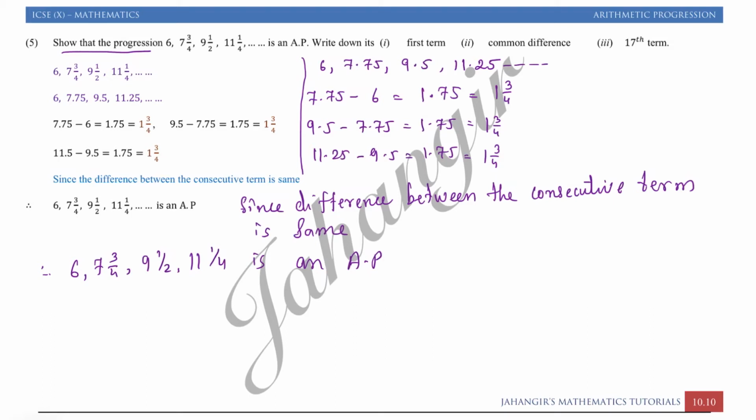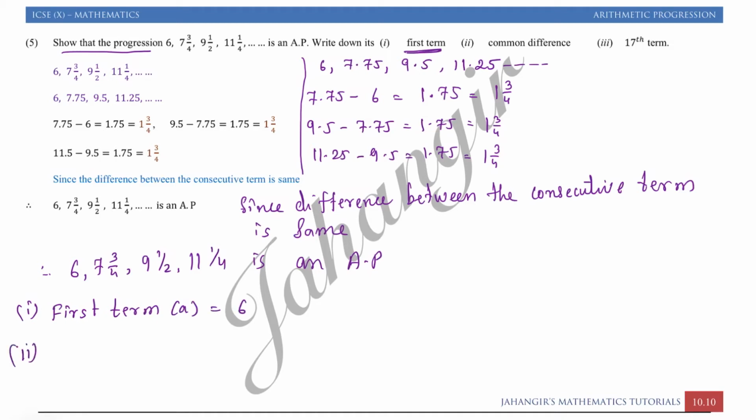So now we have to find the first term. So first term is very easy to find. When they are specifically asking you to write the first term, do not just write A is equal to 6. You have to write first term, that is A, which is equal to 6.